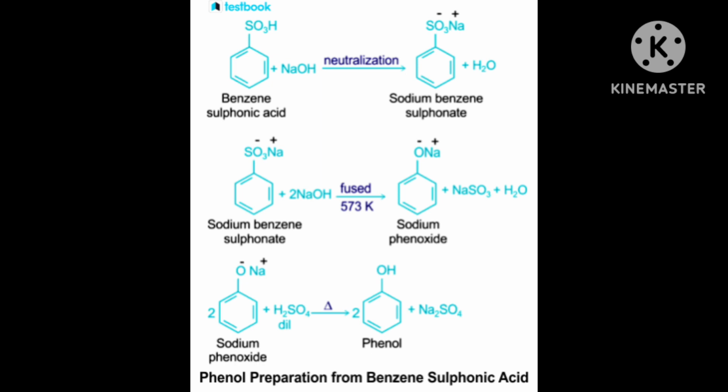But here there is a temperature requirement, around 278 Kelvin, between 273 to 278 Kelvin. NaNO2 plus HCl, during the reaction you will get HNO2, that is called in situ. Then a diazonium salt is formed by treating an aromatic primary amine with nitrous acid.